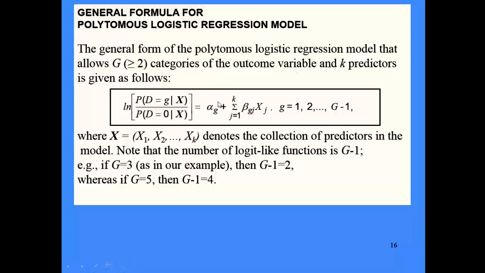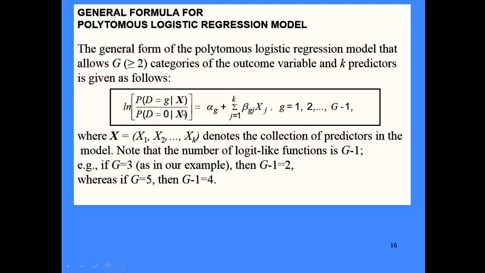This is the general form of the model. That's what I've written over here. Now, if you think about this, G is the number of categories. If G is 3, what's G minus 1? 2, right?